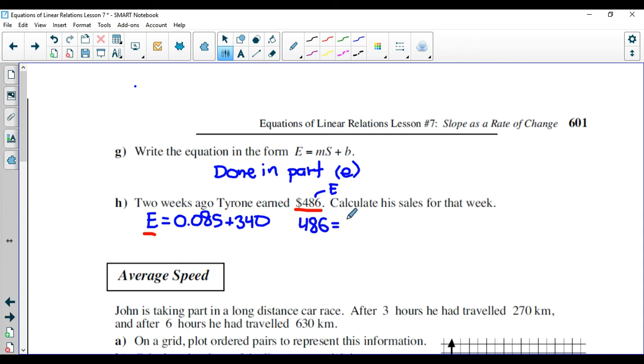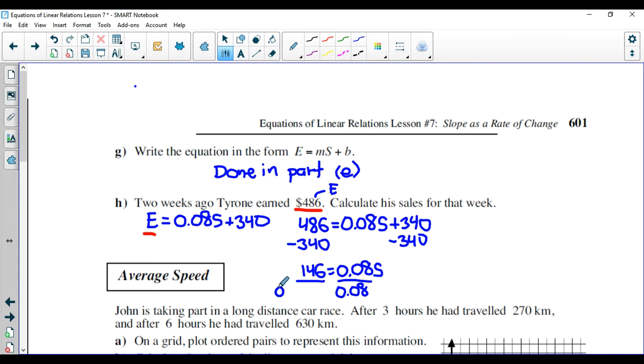So instead of E, we have 486 is equal to 0.08 multiplied by S plus 340. Let's get S by itself. We're going to subtract 340 from both sides of the equation. Then what I would get is 146 is equal to 0.08 times S. To get S by itself, we divide both sides of the equation by 0.08.